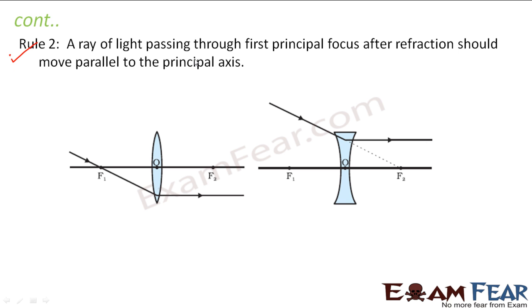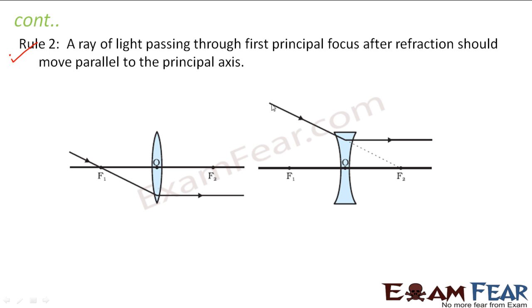It says a ray of light passing through the first principal focus after refraction should move parallel to the principal axis. So if you see, these laws are exactly similar to the laws which we studied in case of spherical mirrors. Here the incident ray passes through the first principal focus, so after refraction it goes parallel to the principal axis.